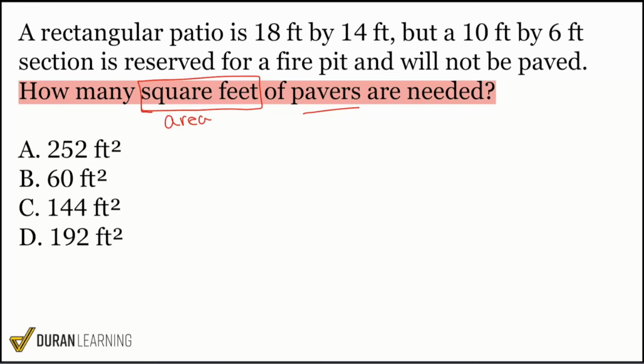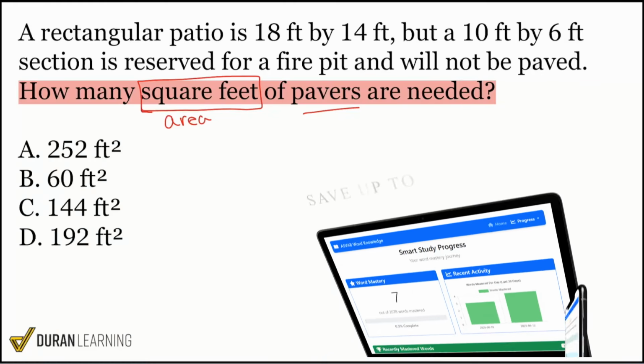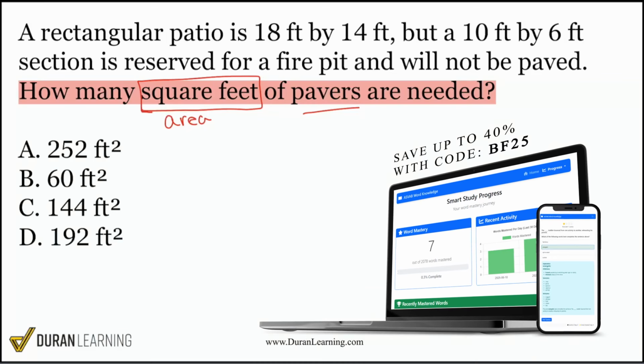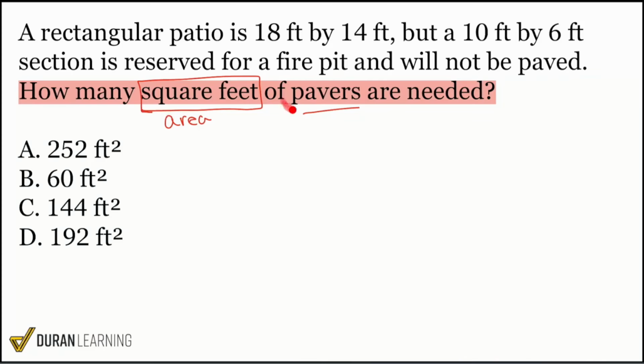Before we continue, everybody who's watching, even if you're frantically taking notes, does that make sense? Again, they say square feet, and what we are being told to find is the area, specifically how much area for the pavers.